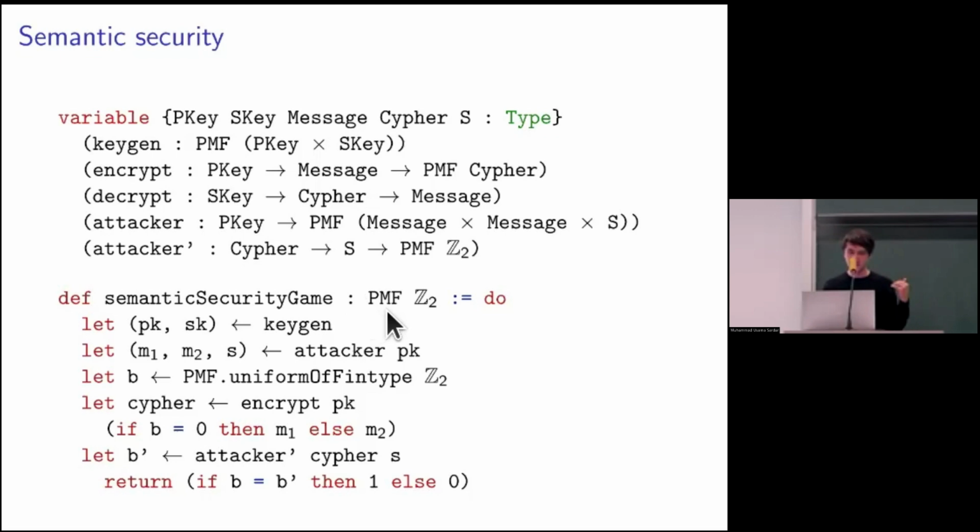So we can just generate some keys, the attacker produces the messages, we choose 0 or 1 arbitrarily, and then we encrypt one of these messages, and then the attacker produces a bit based on the guessing in this way, which one of the messages was encrypted.